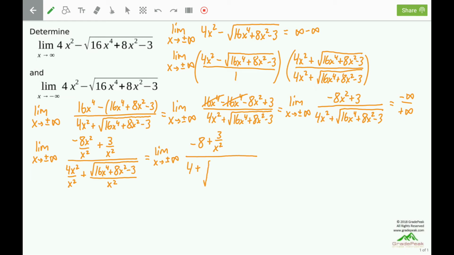And then the root can be extended over the x squared by rewriting it as x squared squared, because the square root of x squared squared will be x squared.